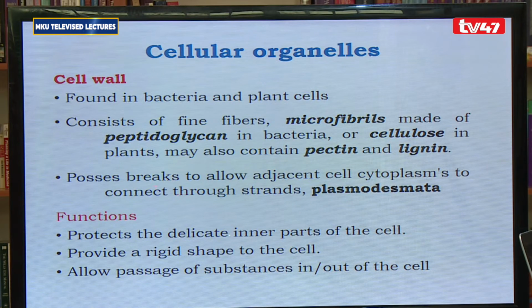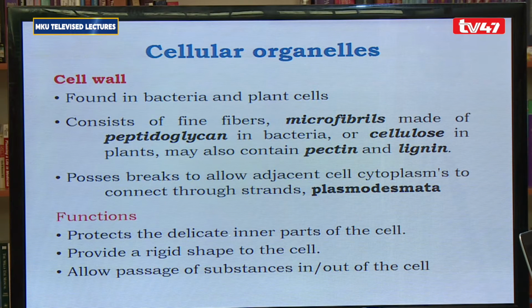Now, like I said, the cell wall possesses some breaks or spaces within it. This space allows certain strands, known as the plasmodesmata, to travel from one cytoplasm to the other, so that the cytoplasm of cells that are close together can communicate. That helps the cells share information and also share resources as need be.